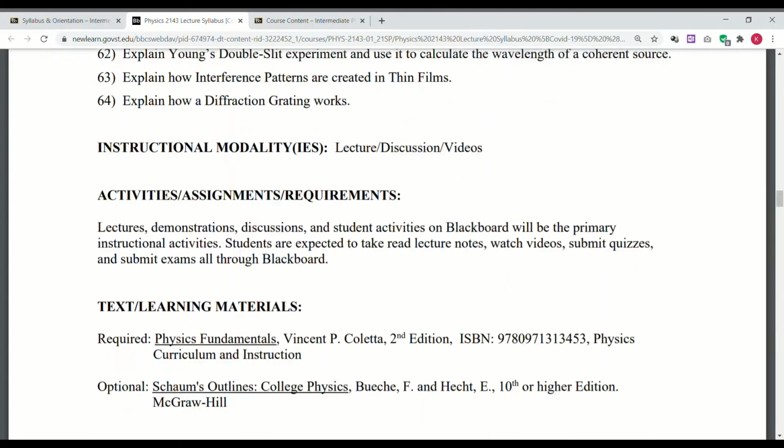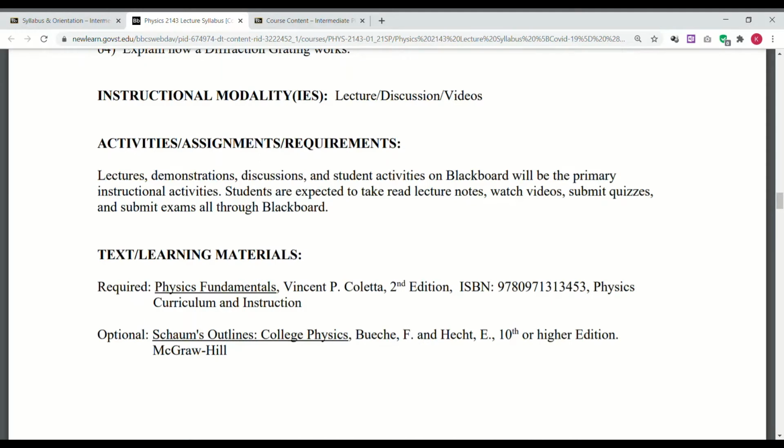Here's the thing about the activities. In this course, you will have homework assignments, and you will have a midterm exam and a final exam. Because we don't meet on a specific date, you will have basically a week to finish each assignment.